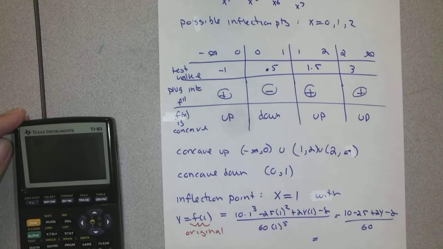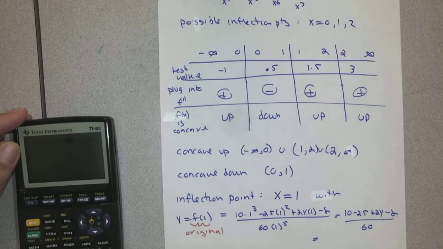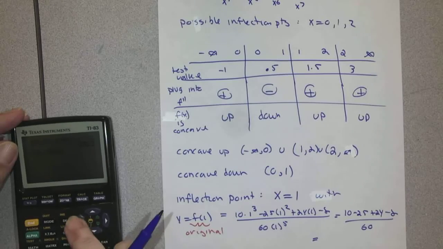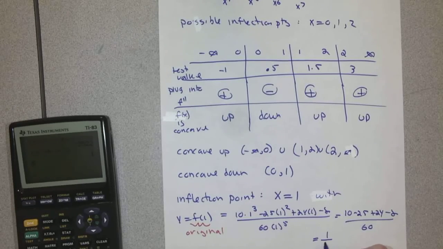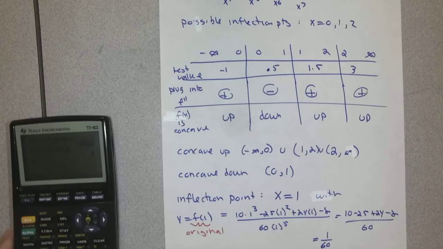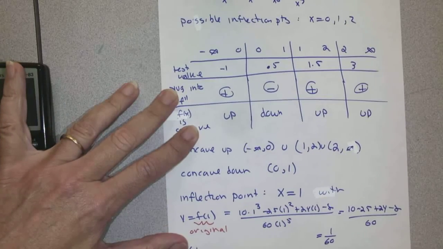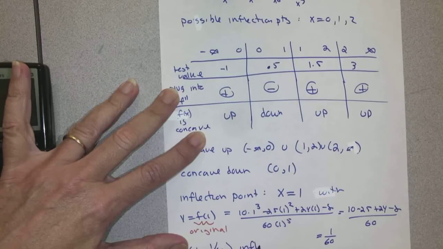Typed that in wrong. My calculator is giving me problems. 10 minus 25 plus 24 minus 8 gives me 1/60. I really should have been able to do that in my head. So I have an inflection point at (1, 1/60).